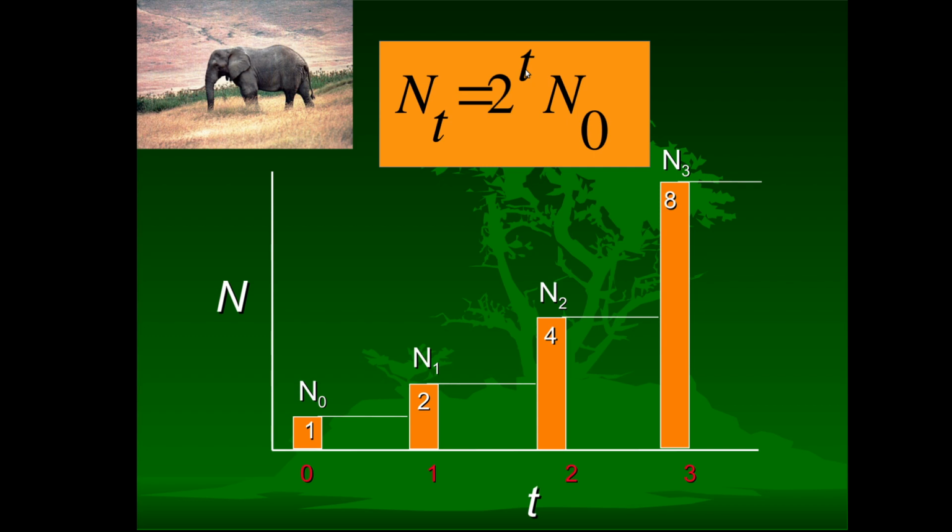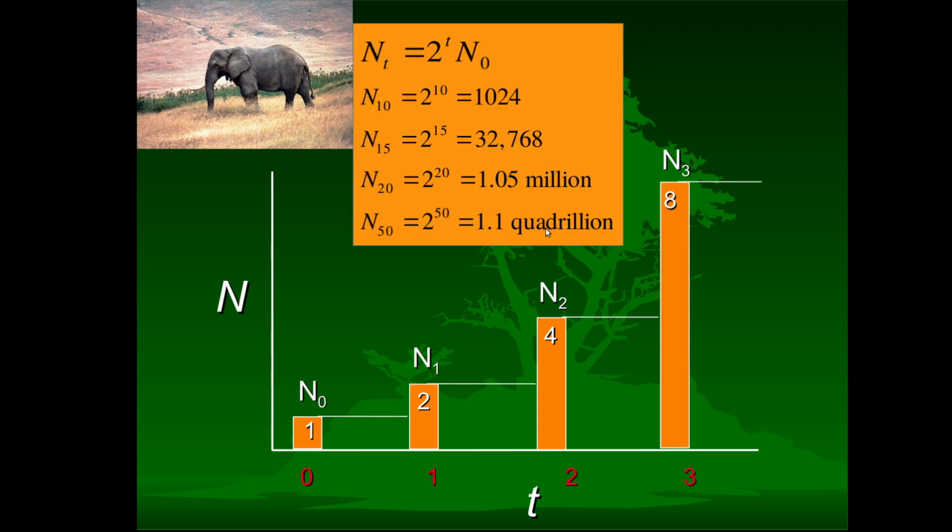So after 10 generations, we have 2 to the 10 individuals, or 1,024 elephants. And after 15 generations, we have 2 to the 15 individuals, or 32,768 elephants. After 20 generations, we have 2 to the 20 individuals, or 1.05 million elephants. After 50 generations, we have 1.1 quadrillion elephants, or 1 with 15 zeros after it.